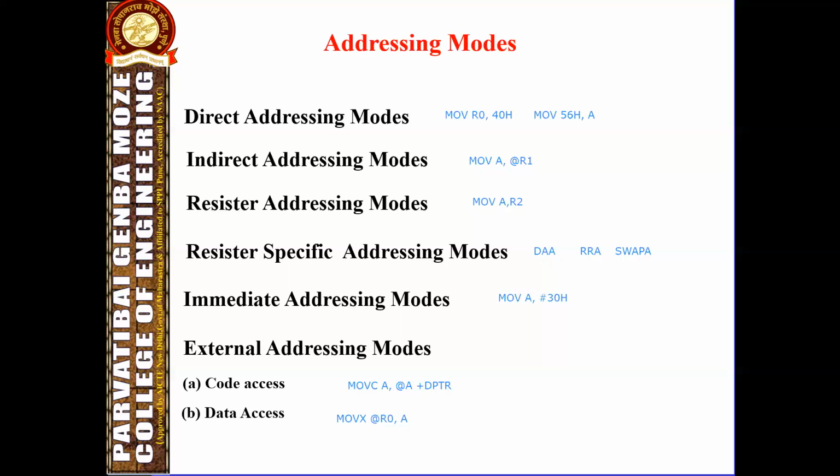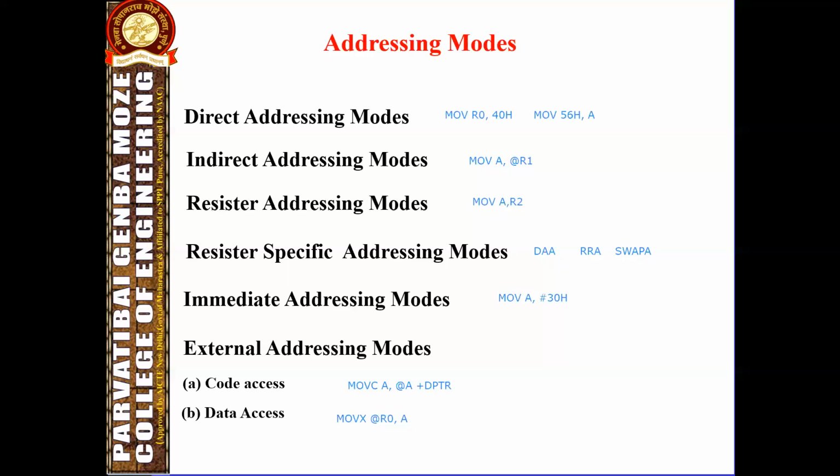Let's see the example: MOVC A, @A+DPTR. Here the instruction will load the accumulator with the byte from the program memory. The byte is fetched from the sum of the unsigned 8-bit accumulator content and the content of DPTR.